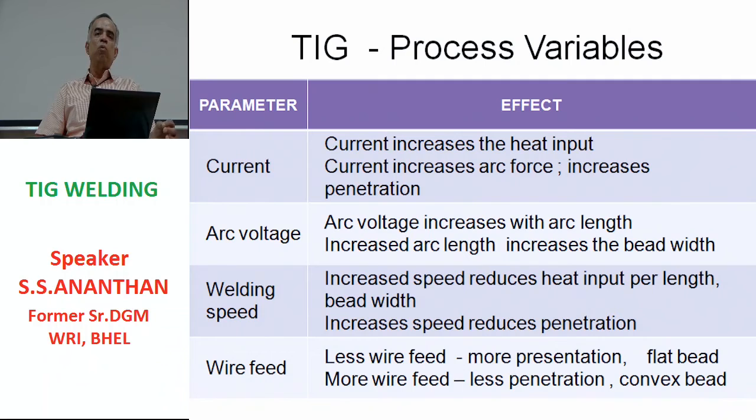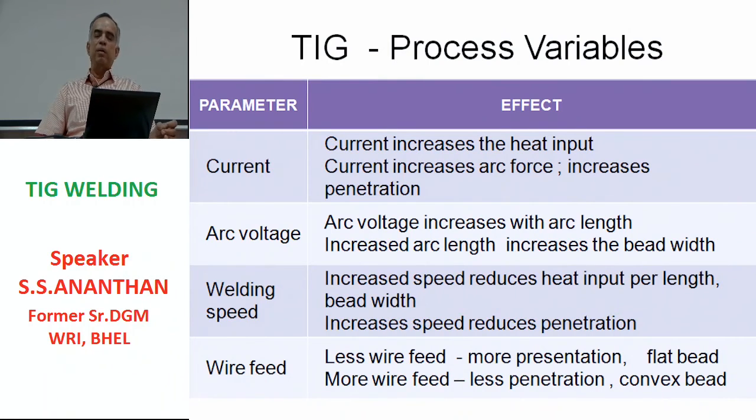And beyond 12 or 14 volts, let's say, you may not be able to maintain such a high arc length; the arc itself may break. So this range of arc voltage is very small, and arc voltage basically only increases the bead width, and it can lead to undercut also. So it does not have such a major say in our controlling system.